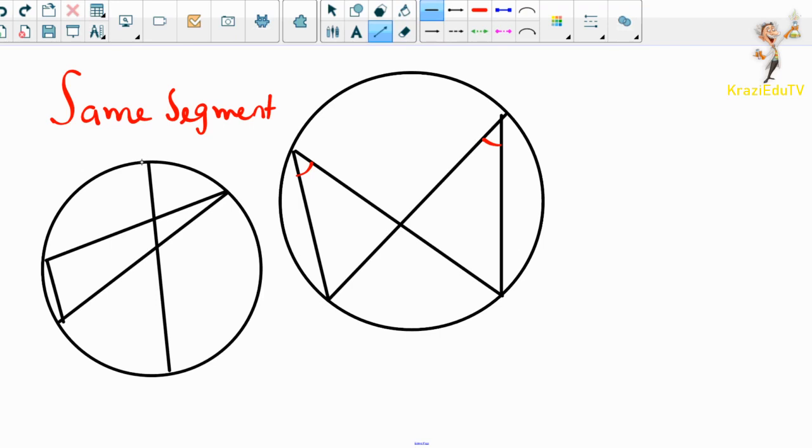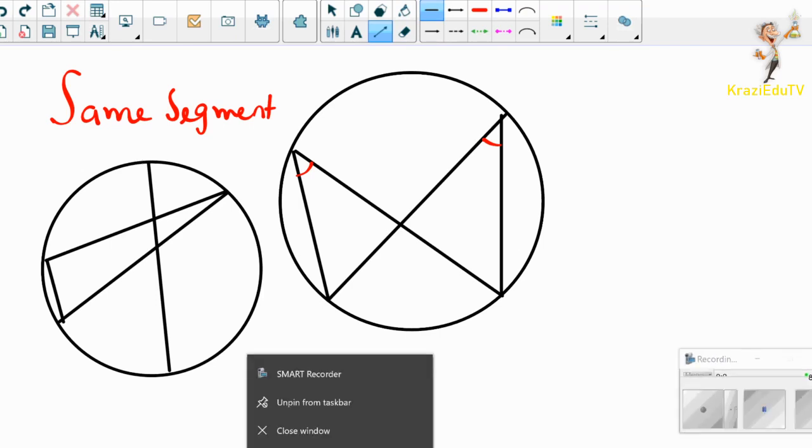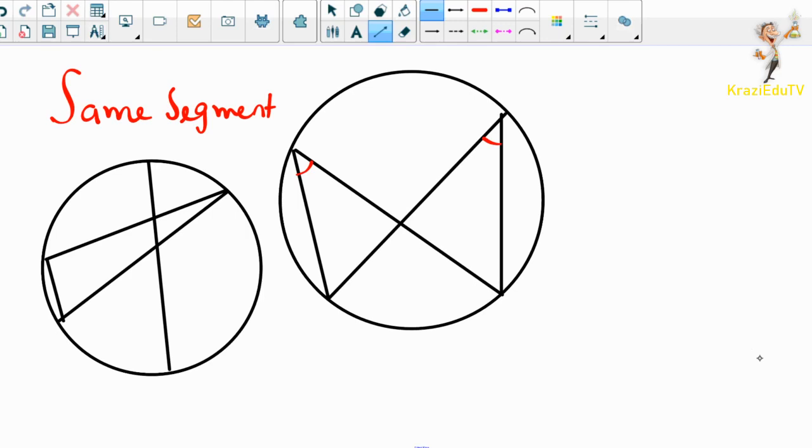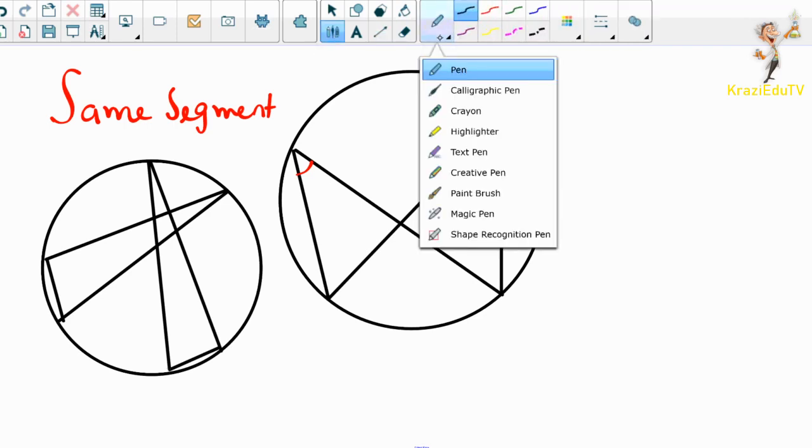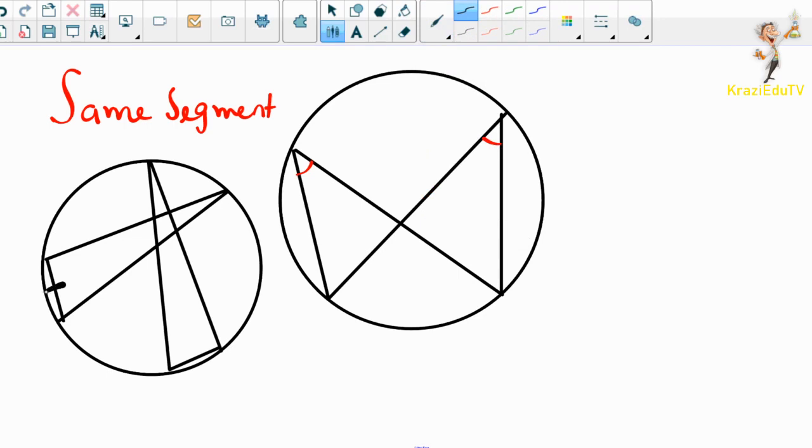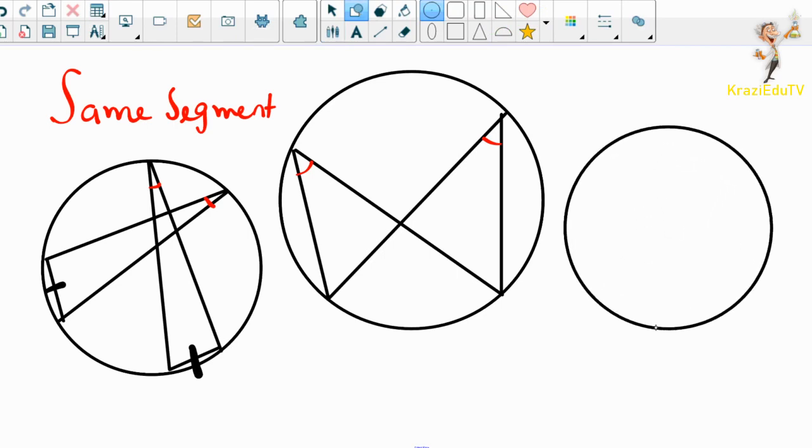What the examiner is trying to show us here is, you find your symbol of equality. Automatically it means this angle here is equal to that angle. We're just looking at variations. Another variation could be like this, with my center.